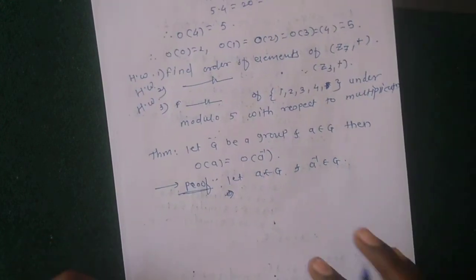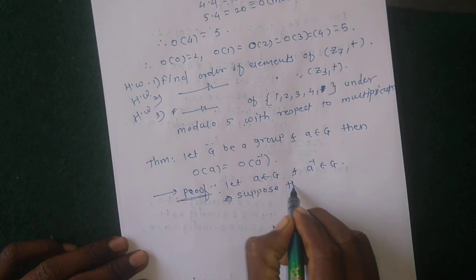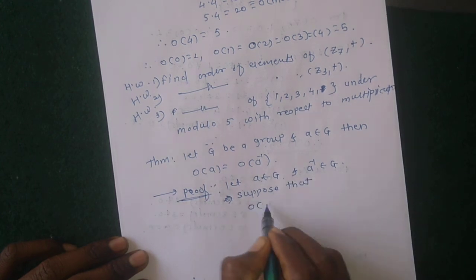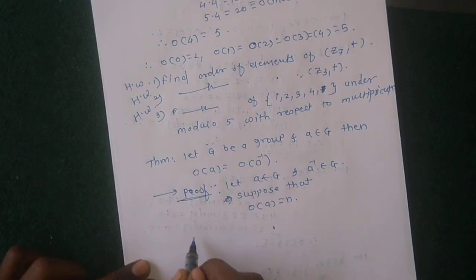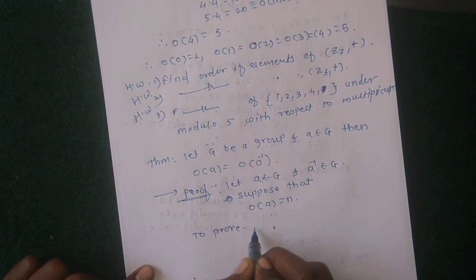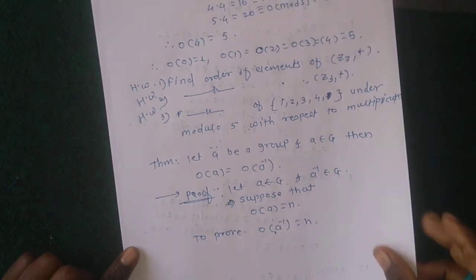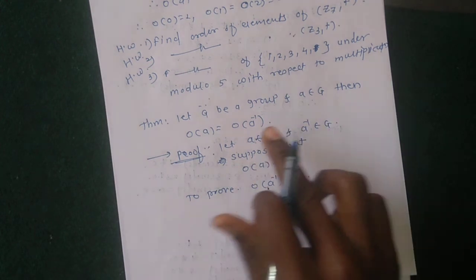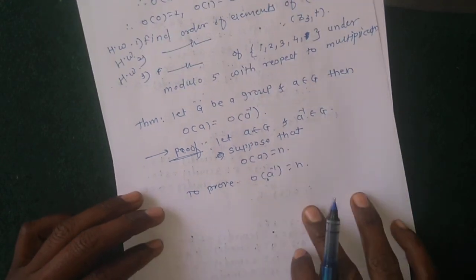Okay, then suppose that the order of A is n, and to prove the order of A inverse also is n, because we are proving the order of A and the order of A inverse is the same.